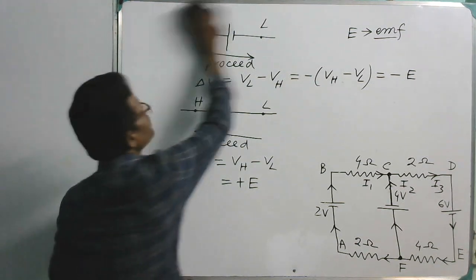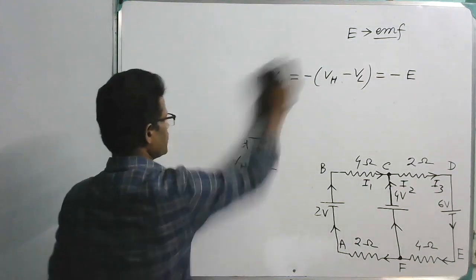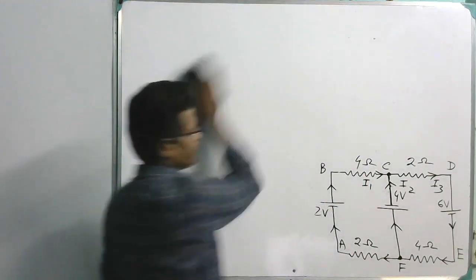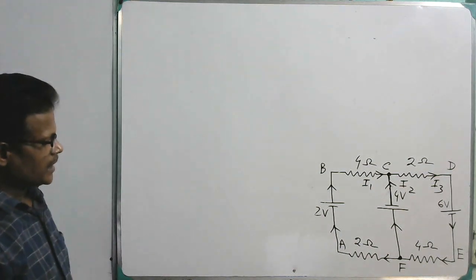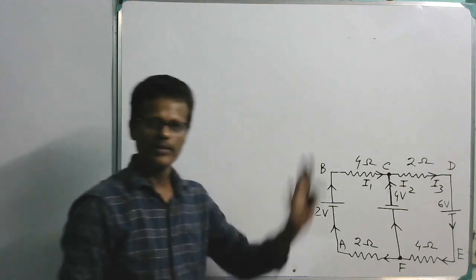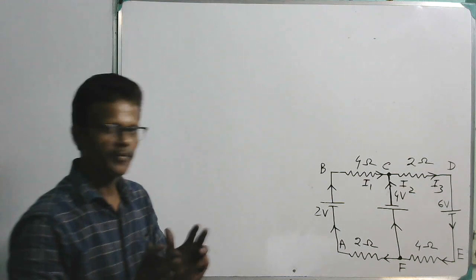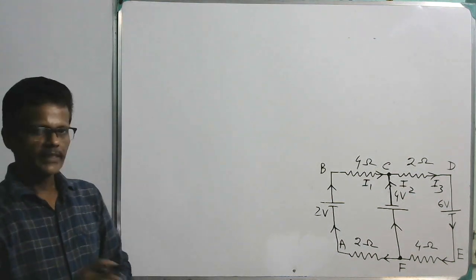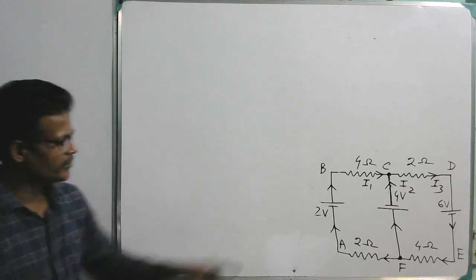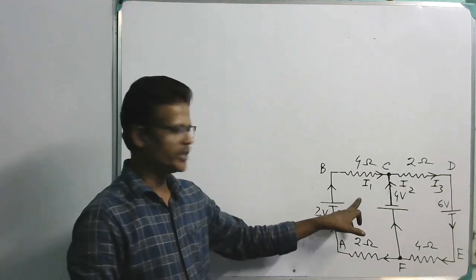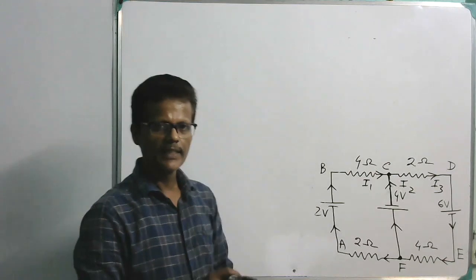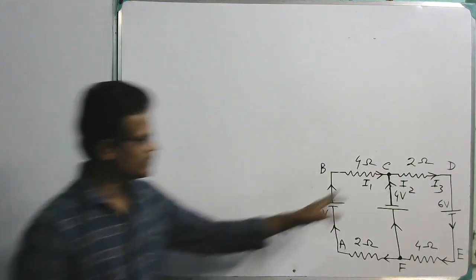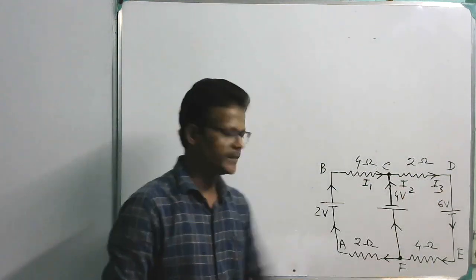So let us clean it. Now you have enough knowledge to solve this circuit, but how to solve? First, we have already assigned the currents in different branches, I1, I2, I3.